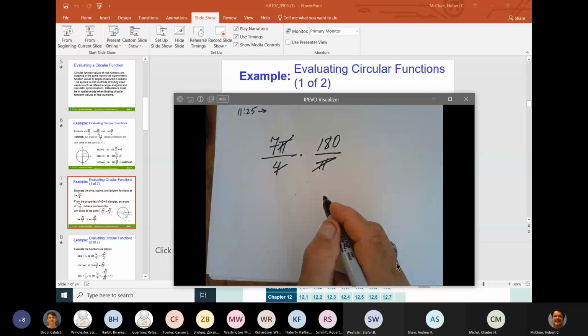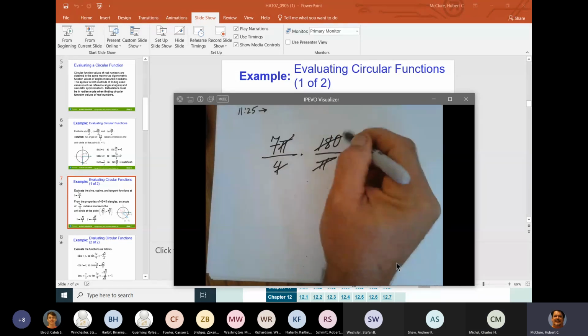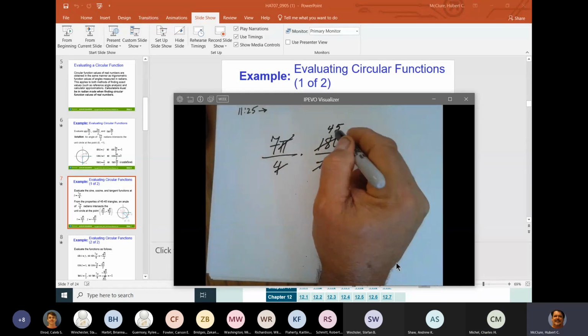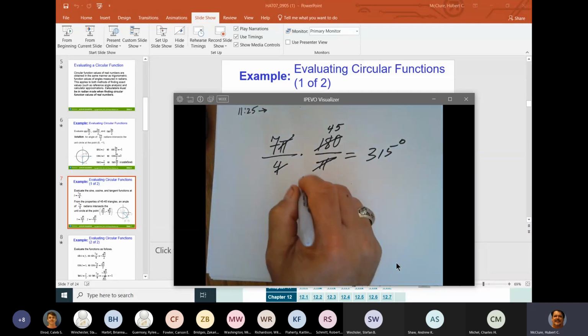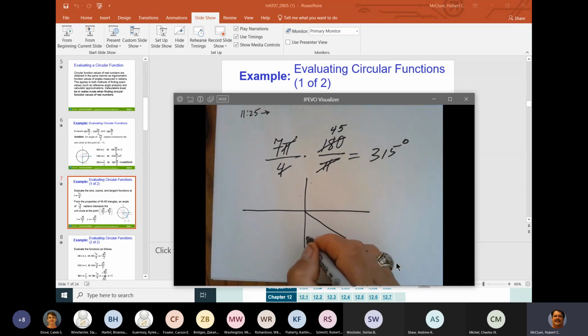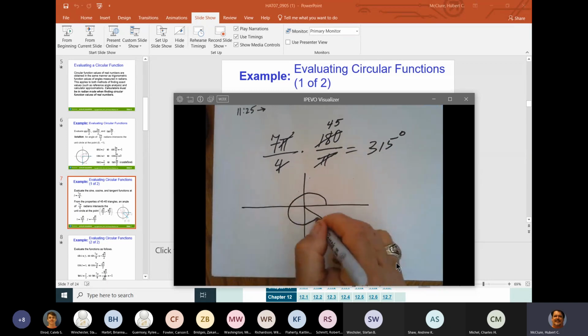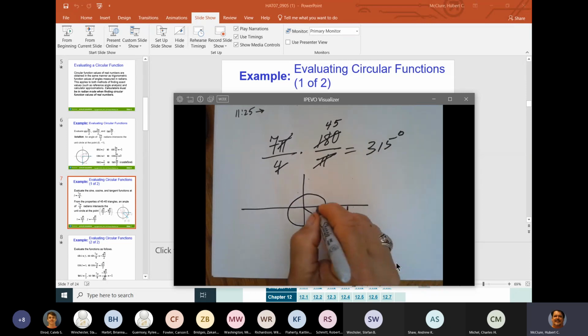Say again? 315 degrees. Yes, because 4 will go into 180 forty-five times, and 45 times 7 is 315 degrees, which is your 45-degree angle here, 315 degrees from here. So this is your 45-degree angle.